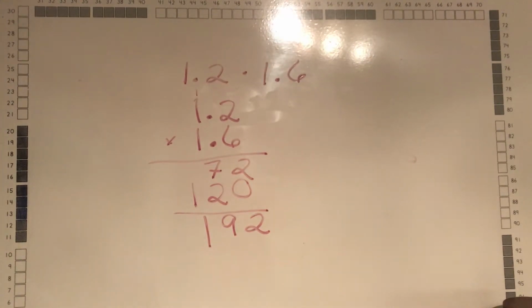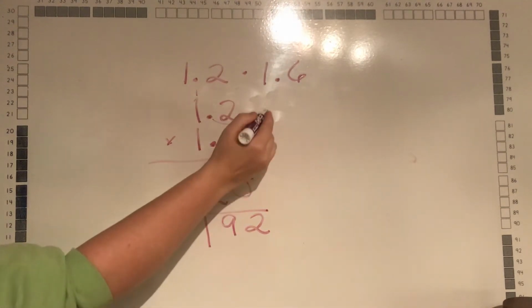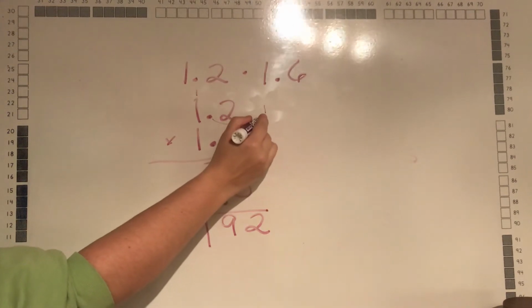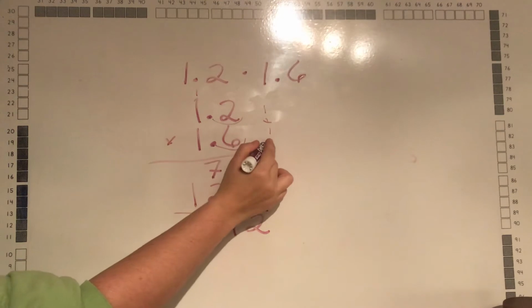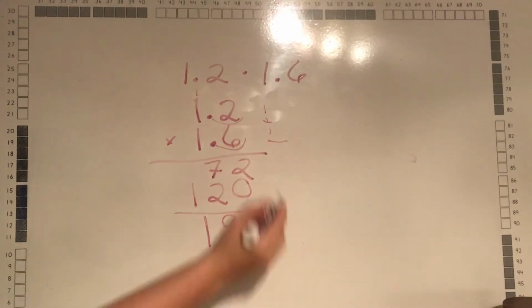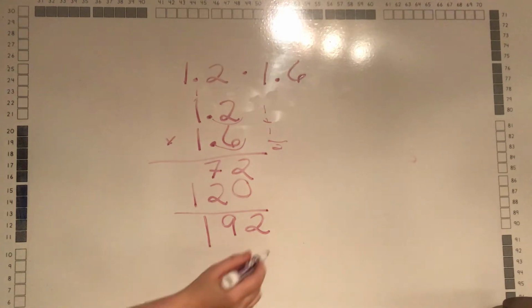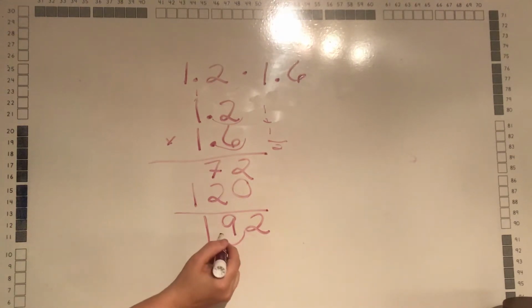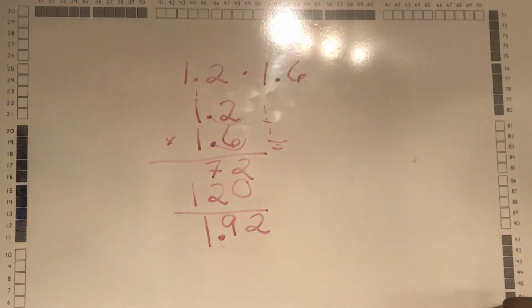Where do we put our decimal? Well, we count how many decimal places we have in each factor. In the first factor, we have 1. We add that to our second factor, which is 1. And 1 plus 1 is 2. So we bring that down to our problem. 1, 2, put in the decimal, and the answer is 1.92. And if you look in the book, we got that correct.